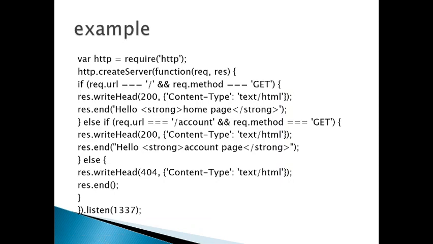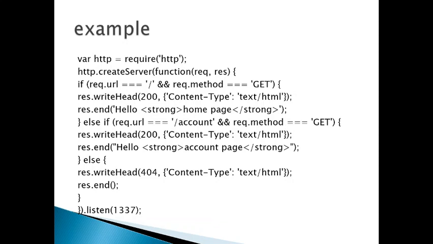Like the user has requested this, and for this method and this URL, we are sending the content. Same, the user can request slash with the method post. That will be a completely different route. So keep in mind, route is the combination of two things: your requested method and requested URL.